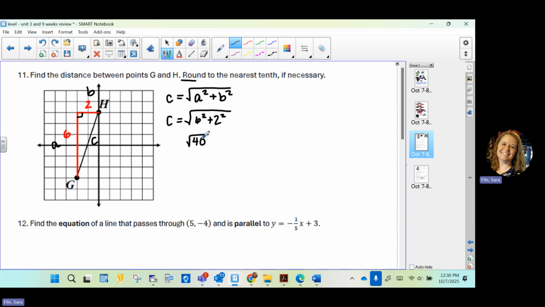And it says to round to the nearest tenth if necessary. Okay, so that is approximately, means about, because it's not going to be exact because we're going to round. So when you do the square root of 40, it comes out to about 6.3245. I'm going to write several of these and then go over the rounding process with you again.